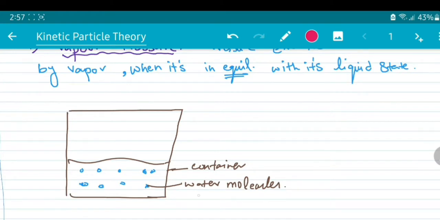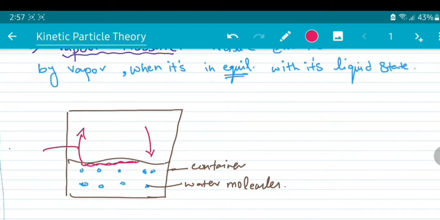Why? Because, as we know, evaporation happens at any temperature, so the same happens in this container too. The more energetic water particles evaporate and turn into vapor or gas, while the particles which are already evaporated turn back into liquid state.